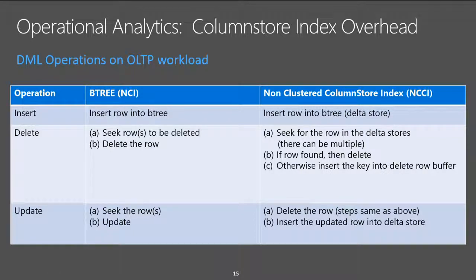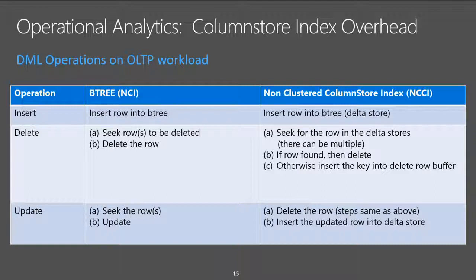Now, if I want to search for the row in column store, there could be multiple delta stores because if rows are coming at a very fast pace, I may not be able to compress all of them quick enough, so it could be multiple stores. So we need to search for the row in those delta stores, okay? And so in the worst case, you will search through all the delta stores. So that means the cost of delete is higher with column store.